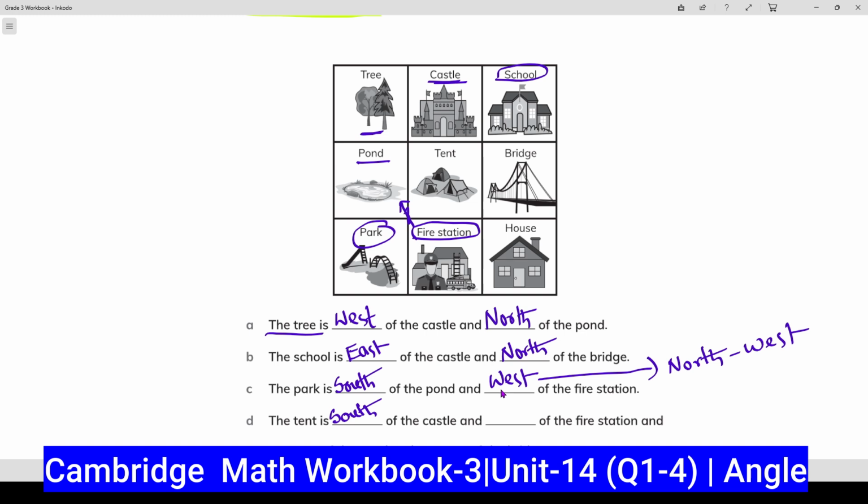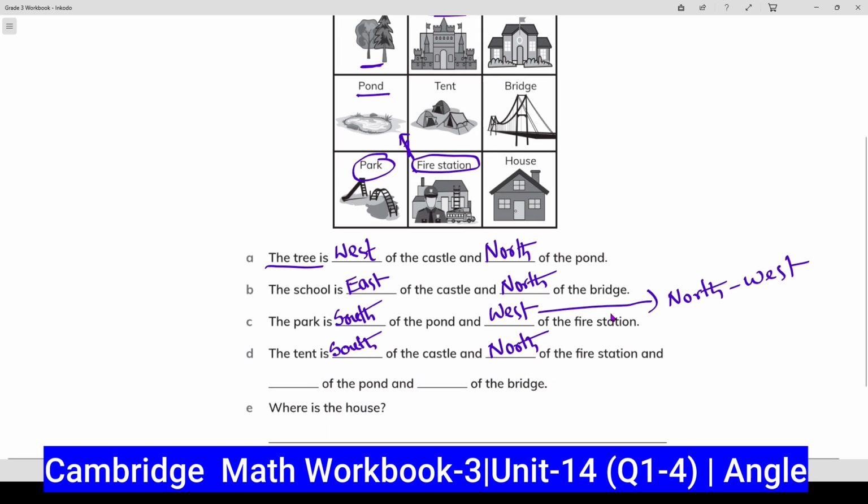So we can say this is north of the fire station, right? And dash of the pond. Where is the pond? Here. So east of the pond, and dash of the bridge, west of the bridge, right? Very simple.